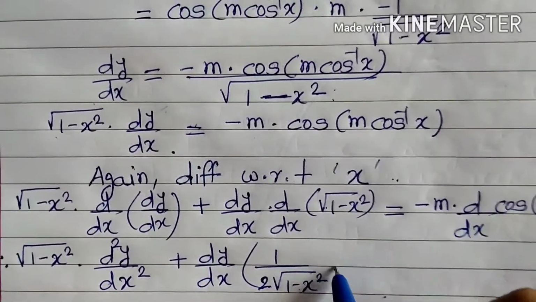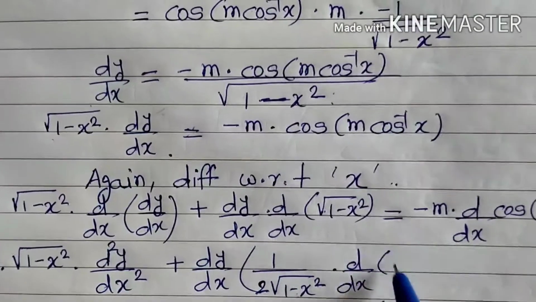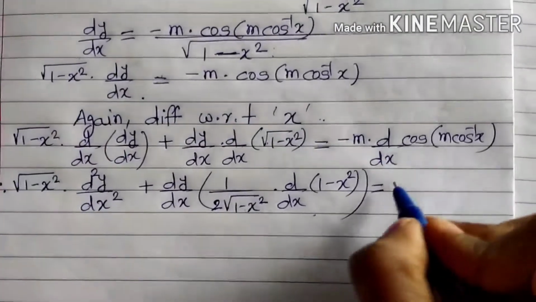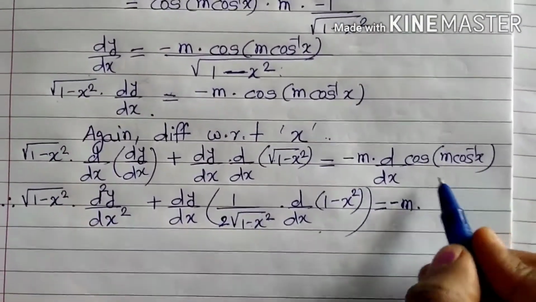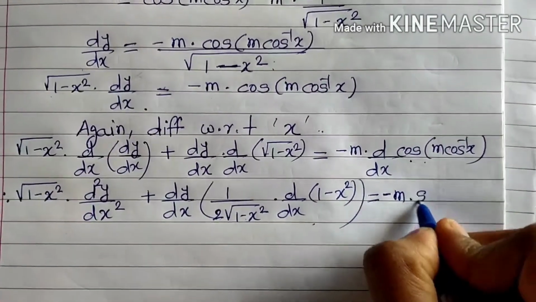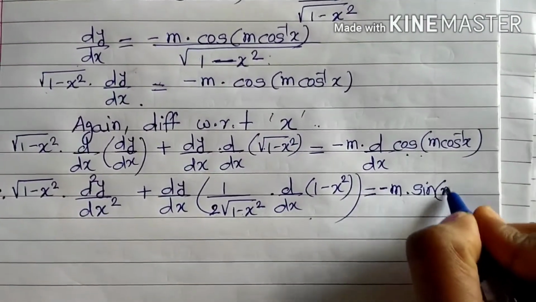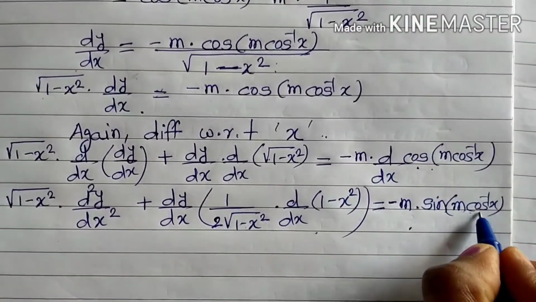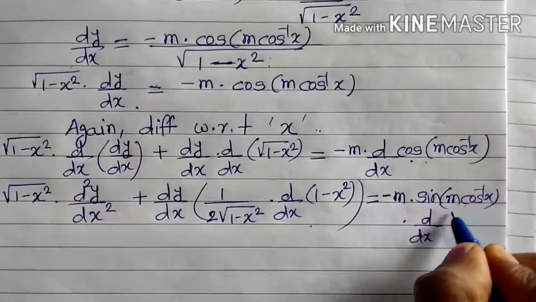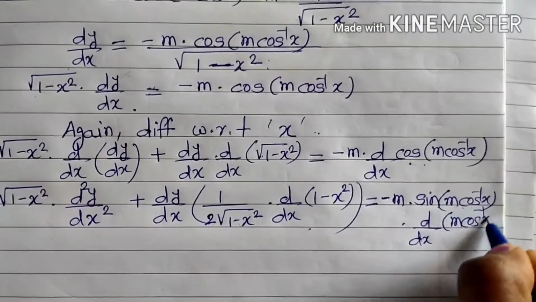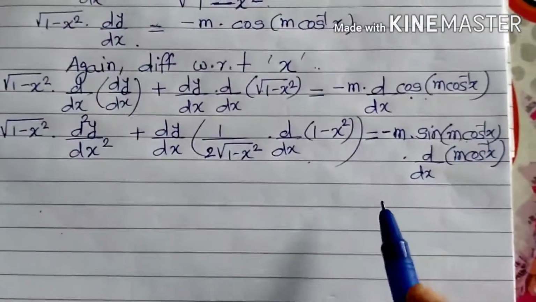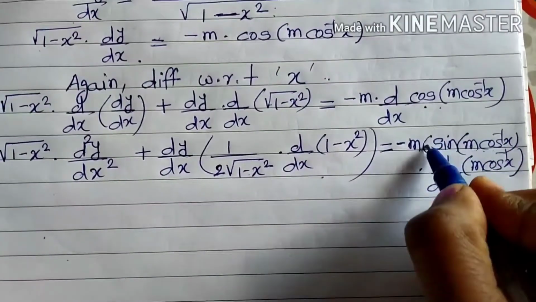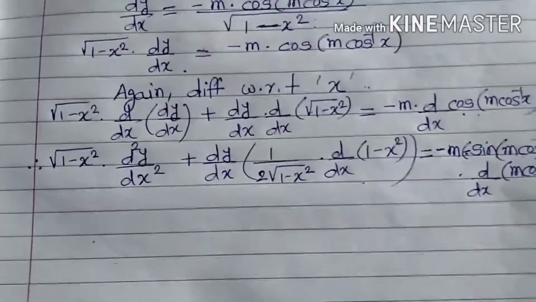But this is a function, so we have to take the derivative of this also, 1 minus x square, which is equal to minus m into the derivative of this, which is sine(m cos inverse x), and also this m cos inverse x is a function, so we have to take the derivative of this also. Sorry, there is a small mistake. The derivative of cos is minus sine, so write here minus sine.